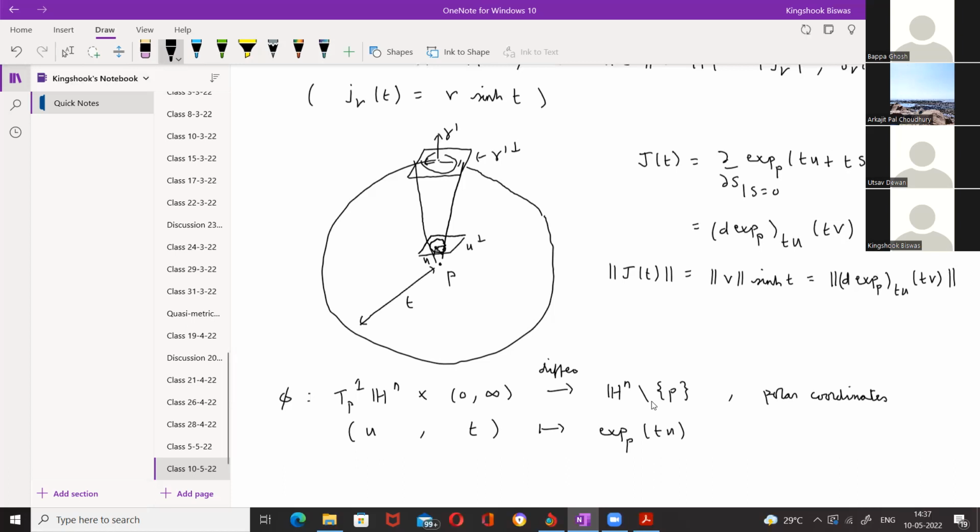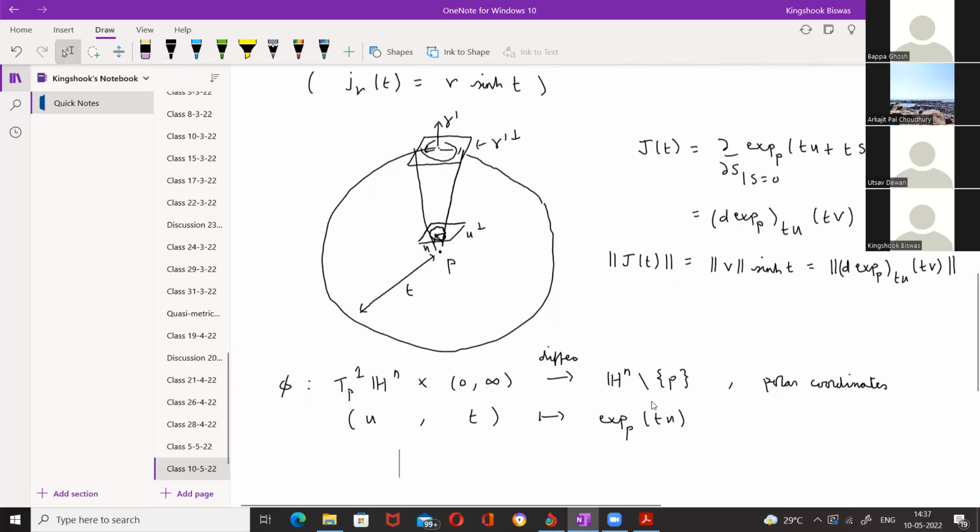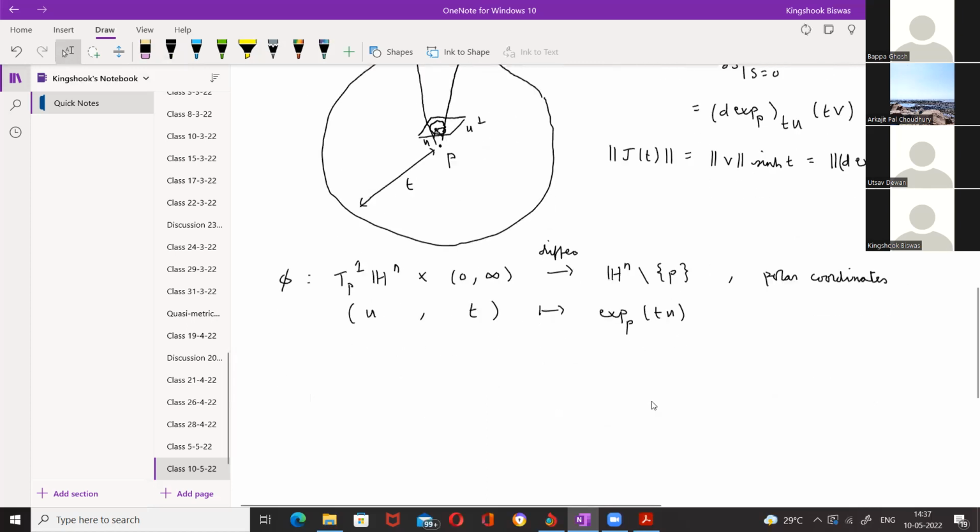And so what you can do is use this to write the metric of H^n in a different form, in what's called polar coordinates. This is often useful.